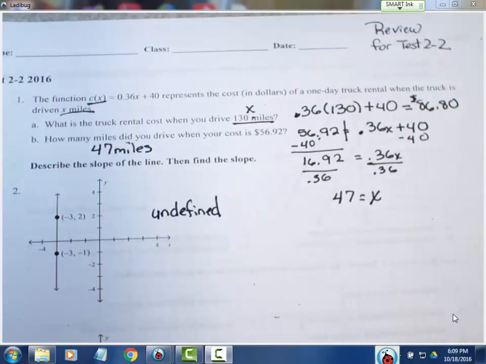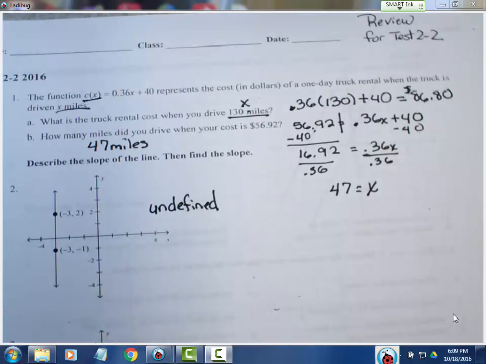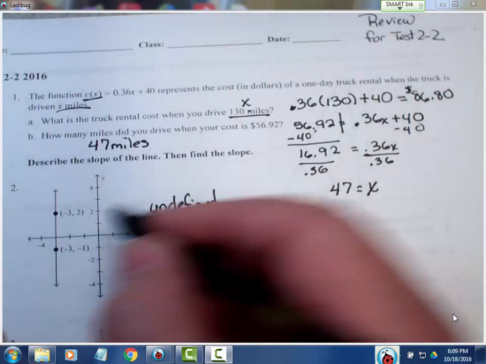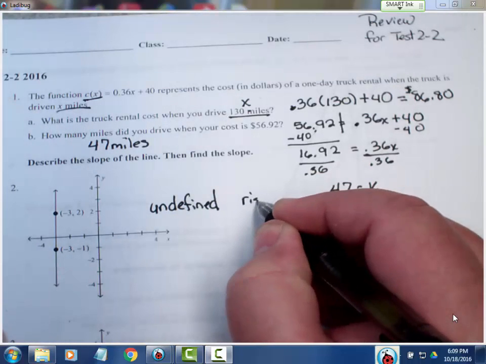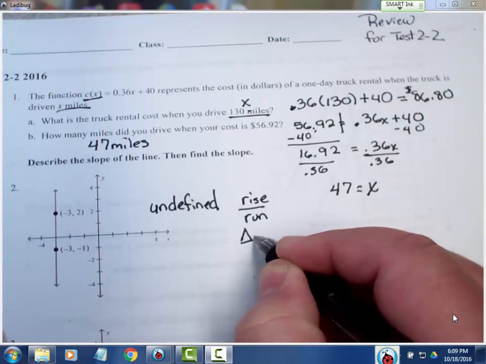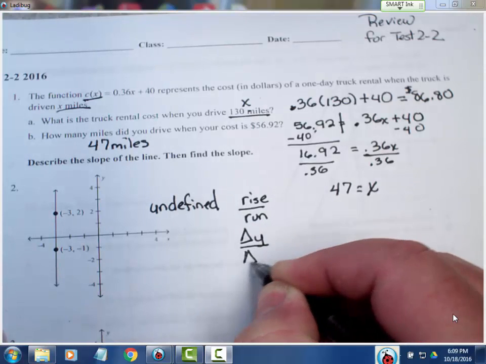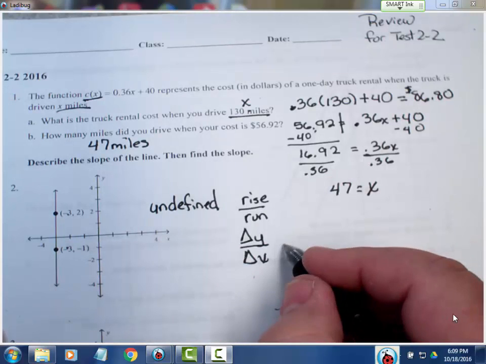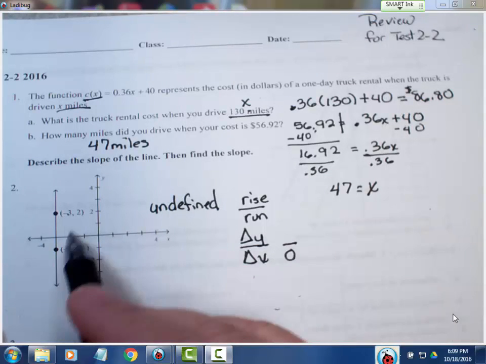Now, the second part is to calculate it. Well, since it's undefined, there isn't a calculation, but remember, for slope you want to do your rise over your run, or as I prefer to say, your change in y over your change in x. So how did x change? Oh, it didn't, right? It's the same number, but y changed.